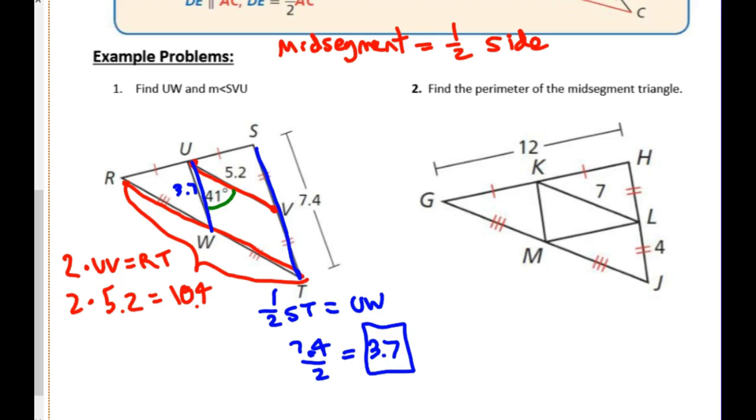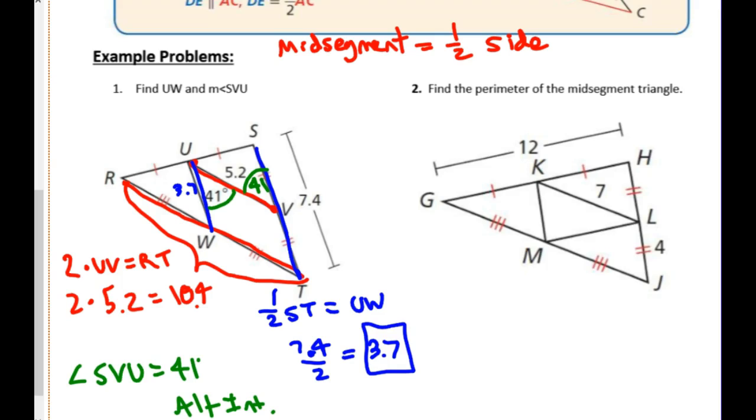VUW, angle 41, and UVS, or SVU, these are alternate interior angles, and they are also congruent. So the missing angle is 41. Let's write our answer. Angle SVU equals 41 because they're alternate interior angles. True?